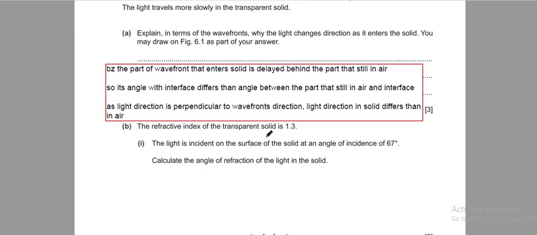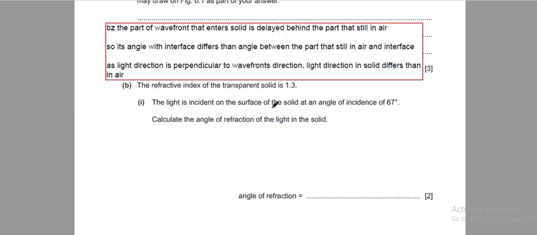The refractive index of the transparent solid is 1.3. Light is incident on the surface of the solid at an angle of incidence 67. Calculate the angle of refraction in the solid. So we have refractive index equal to sine I, angle of incidence, over sine R, angle of refraction. So R equals sine minus 1 of sine I over n.